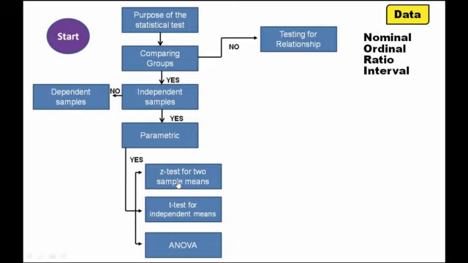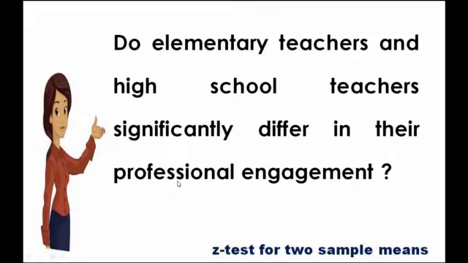Okay. Now, ano ba ang halimbawa ng T-test for two sample means? Okay. Ito yung hypothesis, or this is a specific question leading to our hypothesis. Do elementary teachers and high school teachers significantly differ in their professional engagement? Now, in this case, we will be using T-test for two sample means.